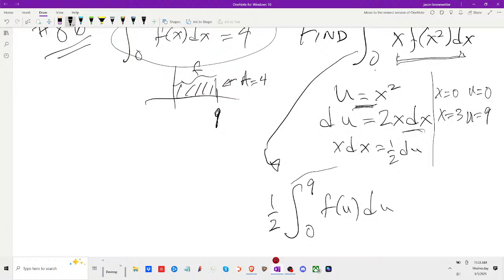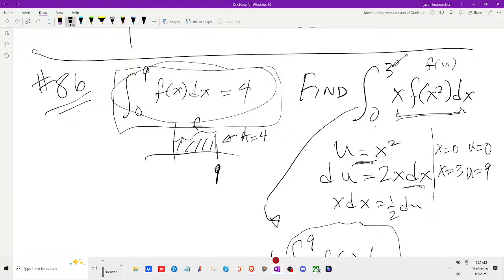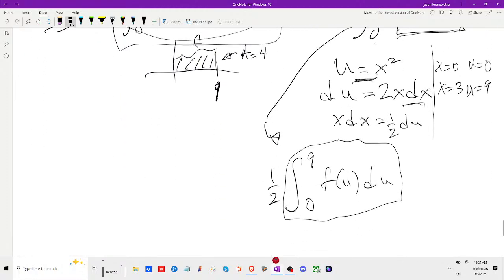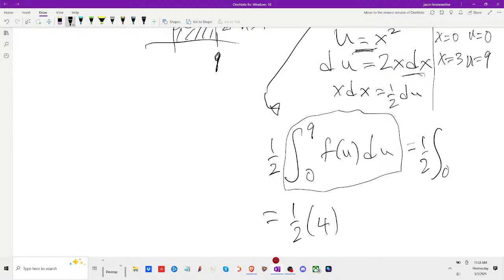See how this entity here is the same as this entity here, even though one has an x and one has a u, they really represent the same number, the same area. So that's equal to 1/2 times 4, because this is 1/2 the integral 0 to 9 of f of x dx. All right, so then the answer is 2.